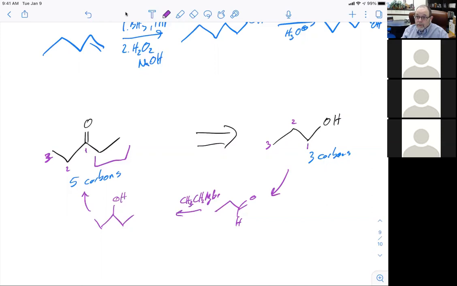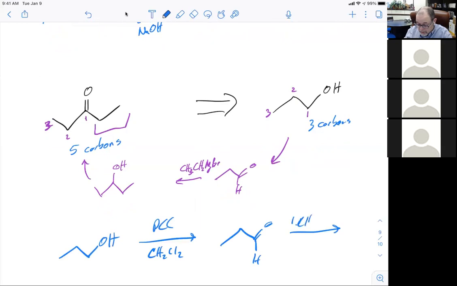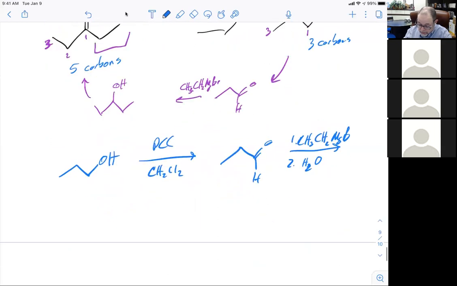the acetylide doesn't work well, but the Grignard works very well. So for the reaction of this one, we're going to oxidize, and there are several different reagents. We could use PCC or the Swern or the Dess-Martin. That gives me my aldehyde. Then I'm going to react that with my Grignard, followed by water to reprotonate.